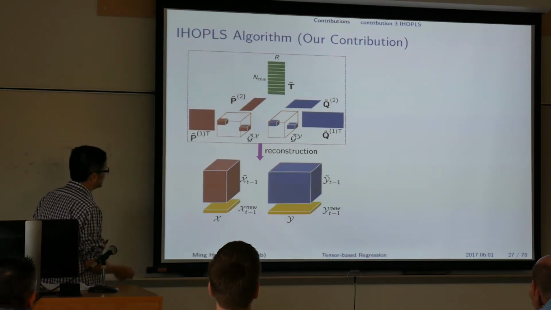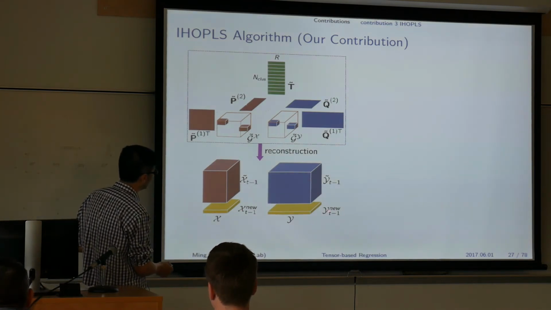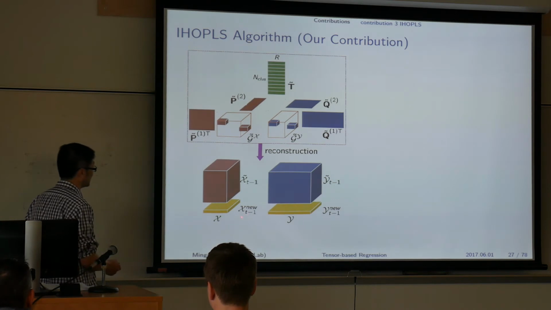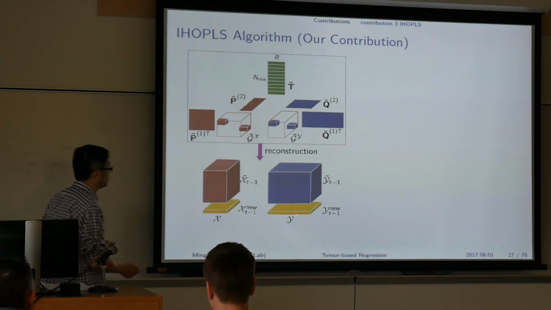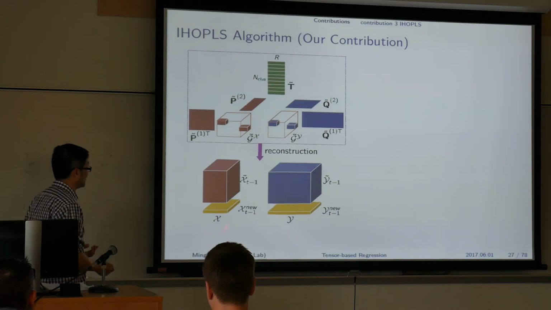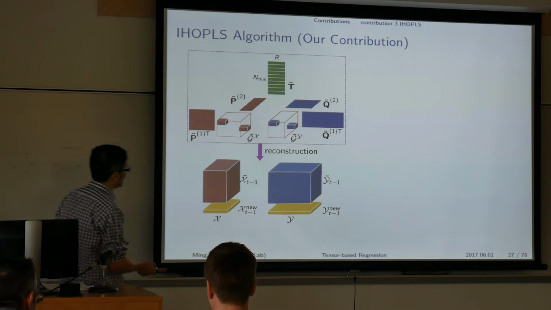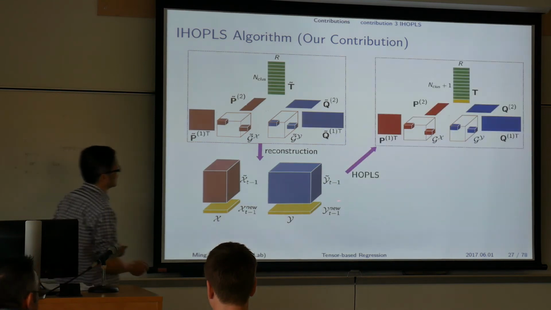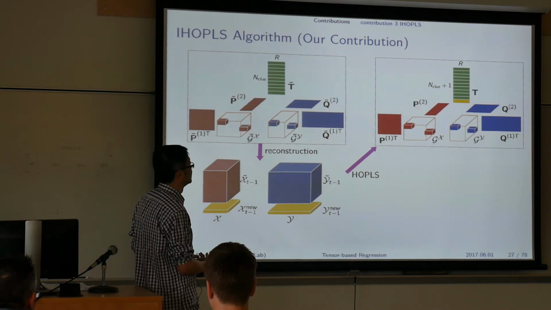And now we have a new pair of data. We can then concatenate x new, y new to x tilde, y tilde along the first mode to get the augmented X, Y with a sample size of n class plus 1. And then we apply standard HOPRS to this data pair to extract a new set of parameters.